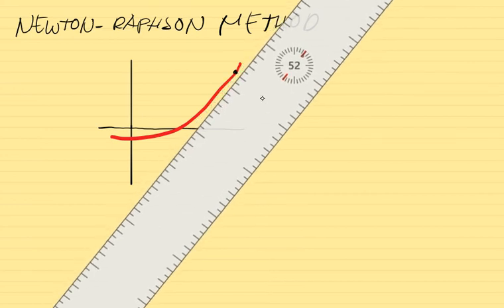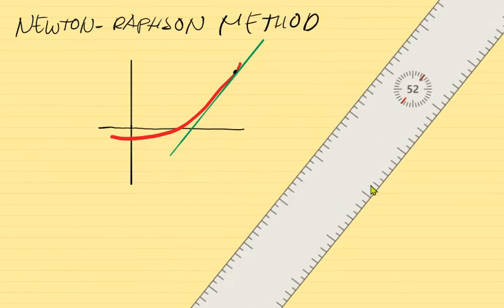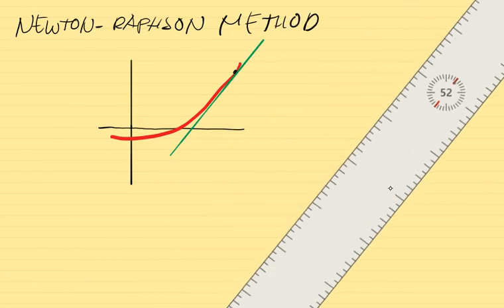So this will be our tangent line here. And how do we solve for the slope of this tangent line? Let's say the function is y equals f of x.